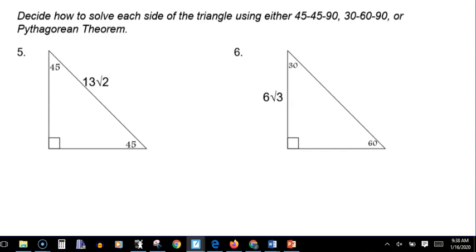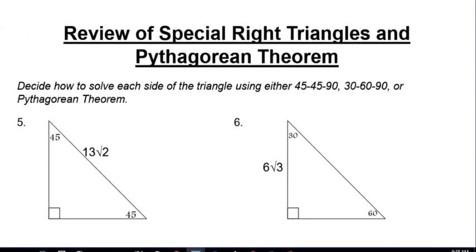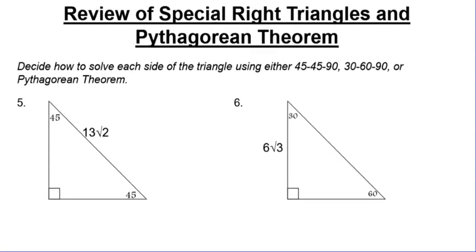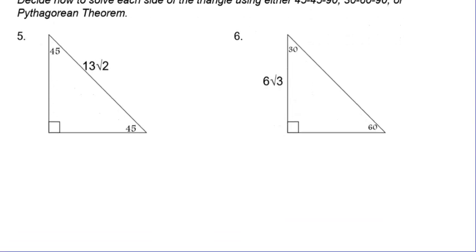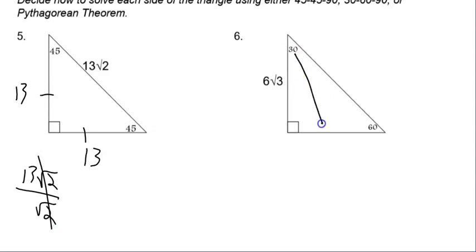Just reviewing. I don't know how this got moved down, but reviewing again. Okay? 45, 45, 90. These are the same. To go to the smaller side, I'm going to divide by root 2, so that makes it easy. It's just simply 13, because you have 13 root 2 divided by radical 2, cancels. Here's my short leg.